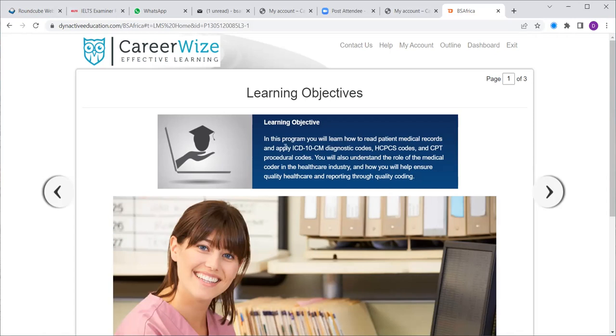Then you will also learn how to apply 3 sets of codes. The first one is ICD-10. The second one is HCPCS. The third one is CPT. Don't worry about what the codes are. You're going to have all the time learning about the codes. There are specific courses for each of them that you will take.